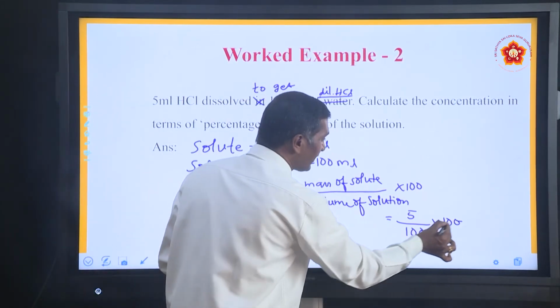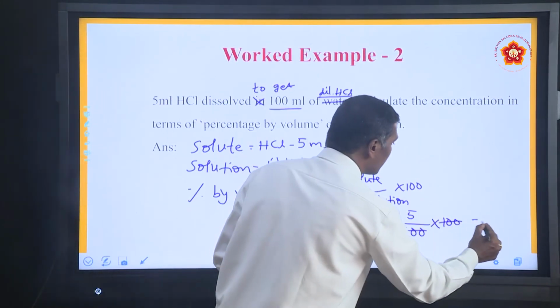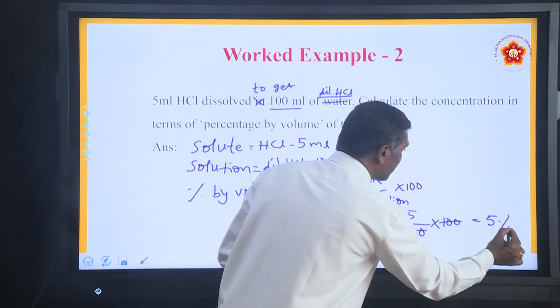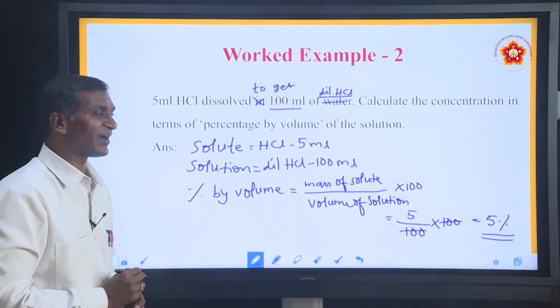So, numerator 100, denominator 100 get cancelled. So, percentage by volume of the dilute HCl is 5%.